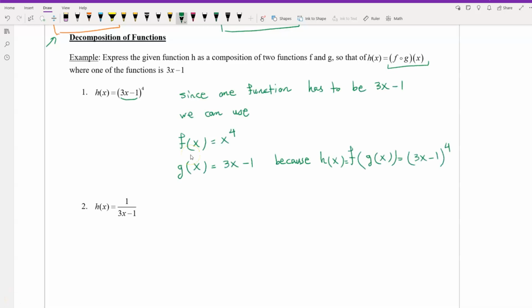So g(x) equals 3x minus 1, and what we have for the outer function, that is f(x), and here the power is 4. So f(x) is equal to x to the 4th power, and that is because f of g(x) is equal to, instead of g(x), here we have 3x minus 1, and using this outer function, instead of x, we use 3x minus 1, to the power of 4.